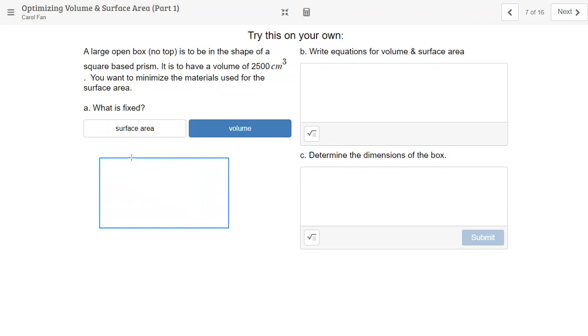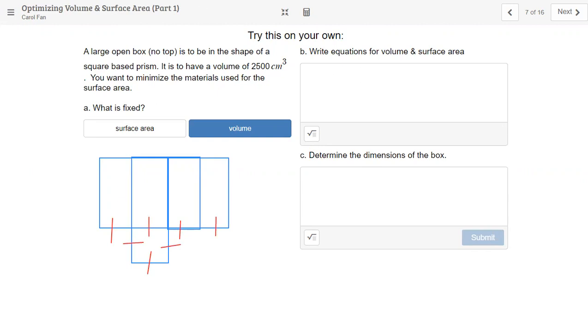We have a box and it has a square base. So when I have a square base, I'm going to label my sides. These are all sides that are the same.